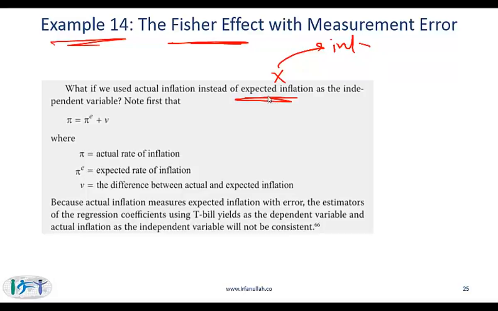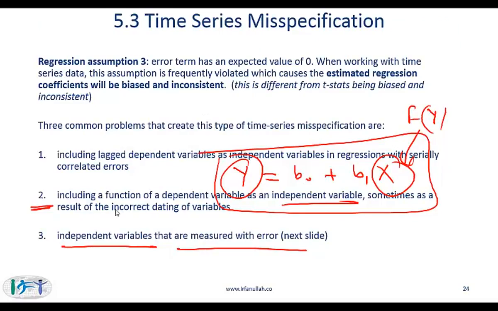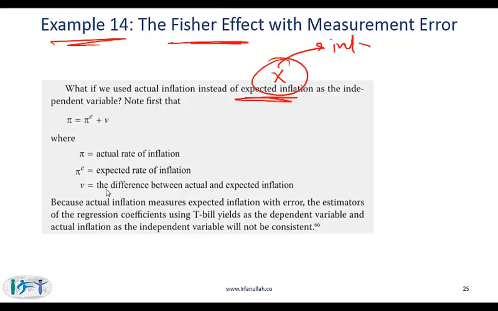The correct relationship is between expected inflation and interest rates, because your nominal interest rates depend on expected inflation, not actual inflation. But if you incorrectly run a regression using actual inflation, not expected, then you are doing the third sort of error. One of the independent variables is measured with error, because your actual rate of inflation is expected plus something, which effectively is the error in this context.